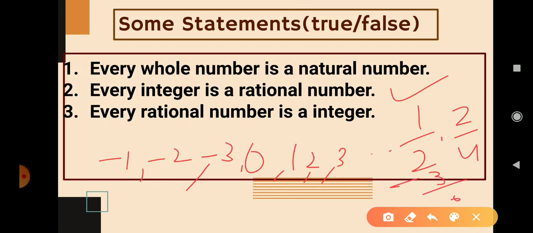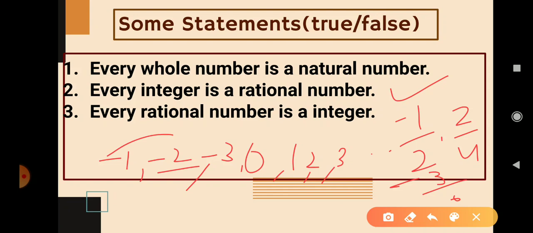Now if I consider -1, yes, we can take it as a rational number, or -2, because a rational number can be expressed in the form of p by q, where p and q are integers. So every integer is a rational number. Correct, it is true. The second statement is true. Clear? So no need to change this. But the first one, you change it.